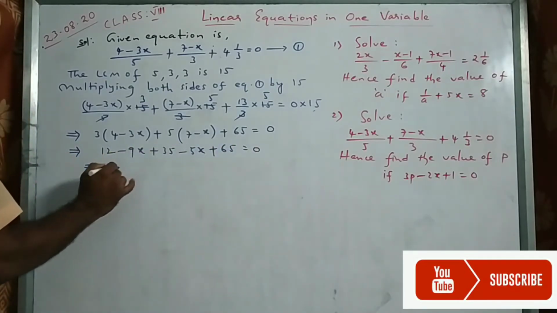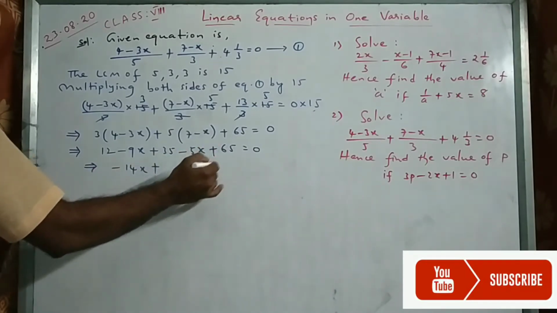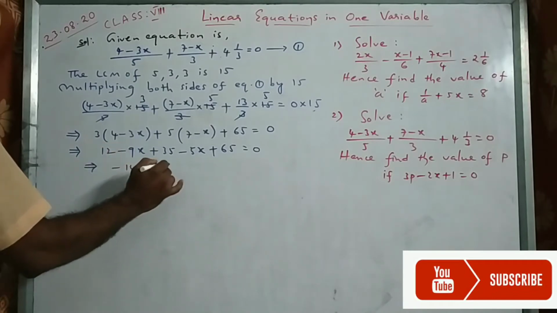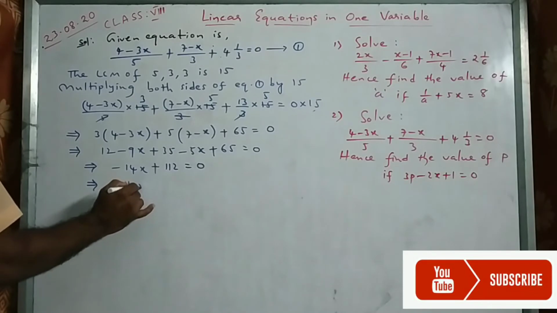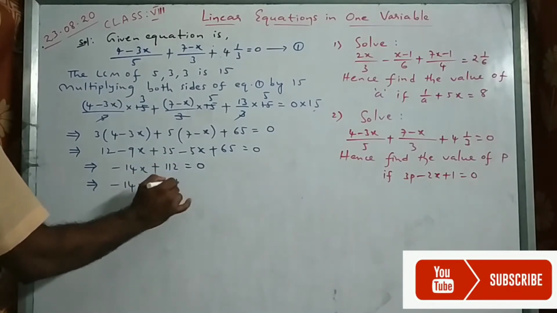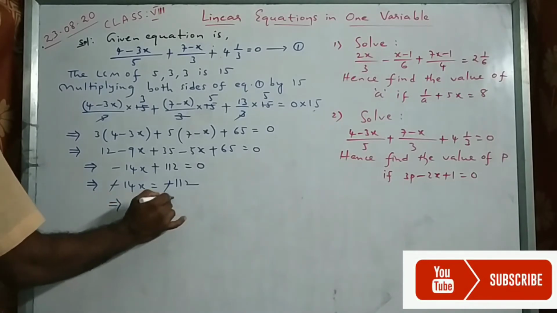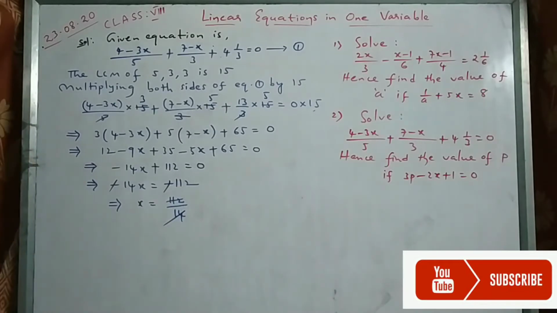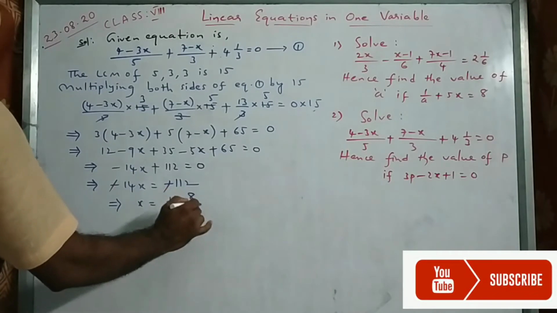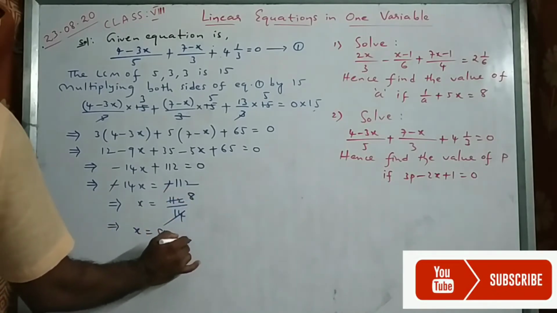So minus 9x minus 5x is minus 14x, plus 112 equal to 0. So minus 14x equal to minus 112, so x equal to 112 upon 14. 14 eights are 112. So x equal to 8.